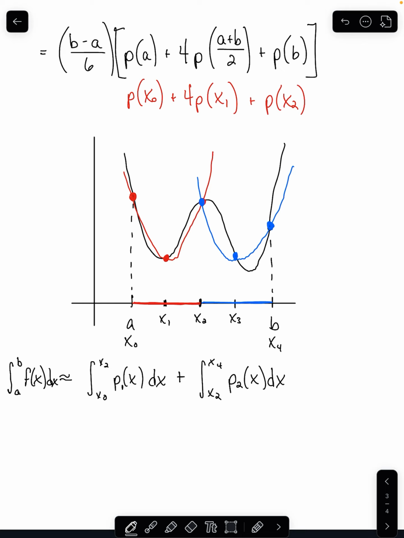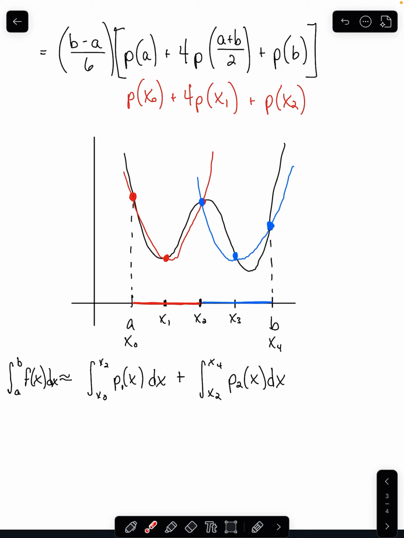But here's the interesting thing. I said that we don't actually need to define the full function p sub 1 of x or the full function p sub 2 of x, because the points involved in them, remember, as we showed up here, essentially we just need to evaluate that polynomial function at each of the 3 points in question in the subinterval.